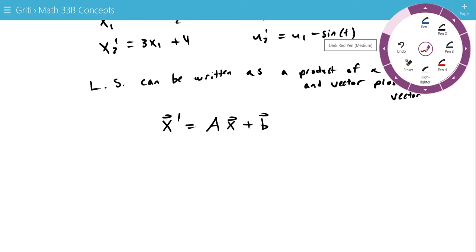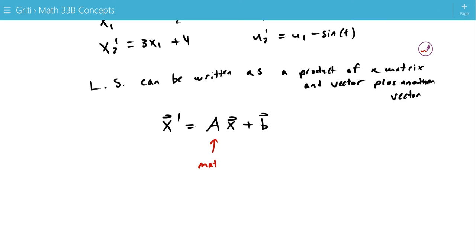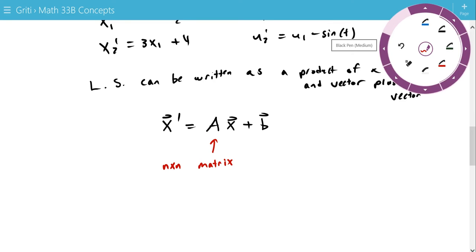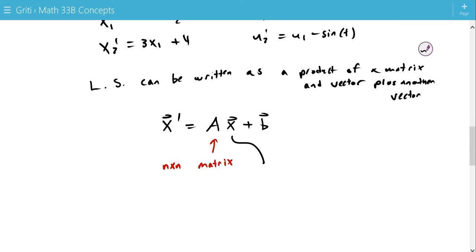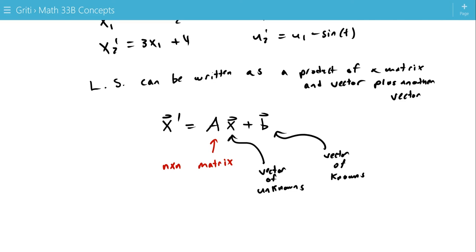So A is a matrix, and it's going to be n by n, and x is a vector. This is going to be our vector of unknowns. And b is going to be a vector of knowns. And x prime is just the time derivatives of the unknowns.